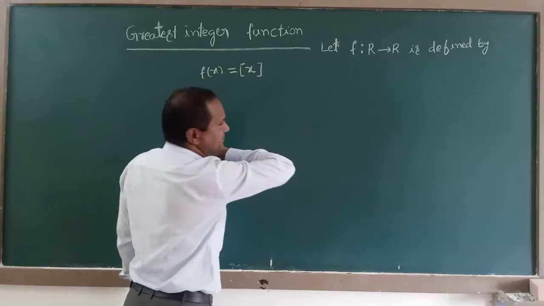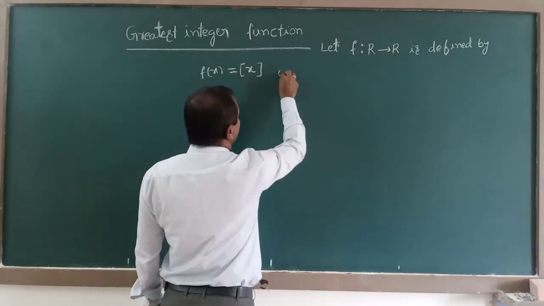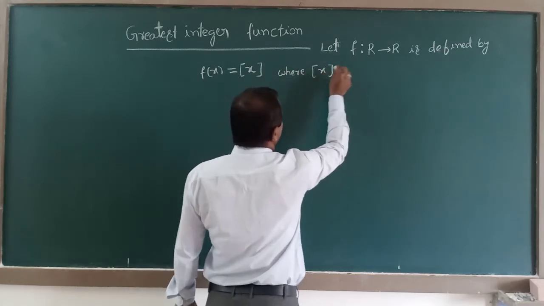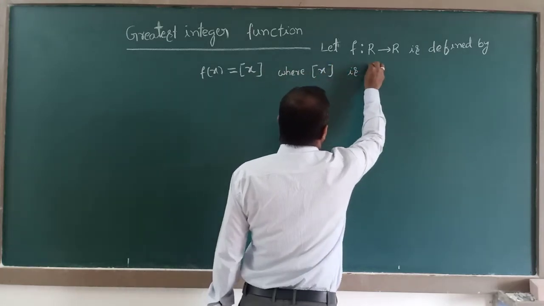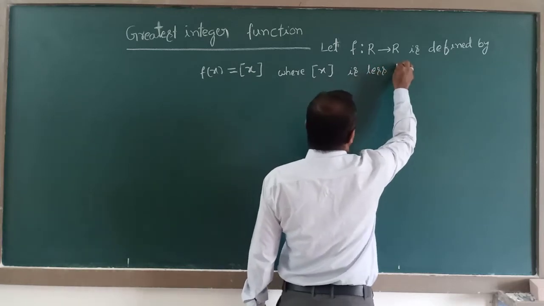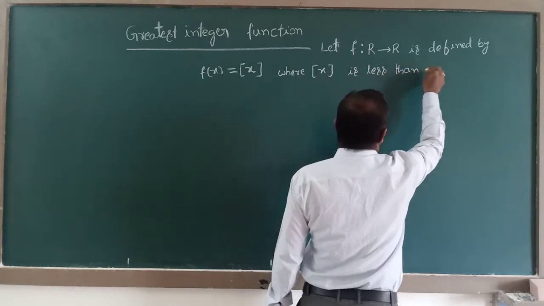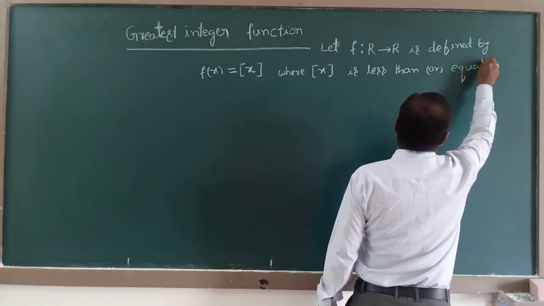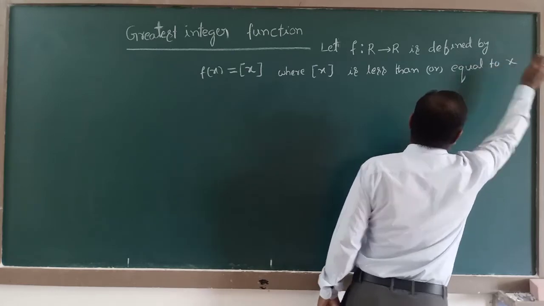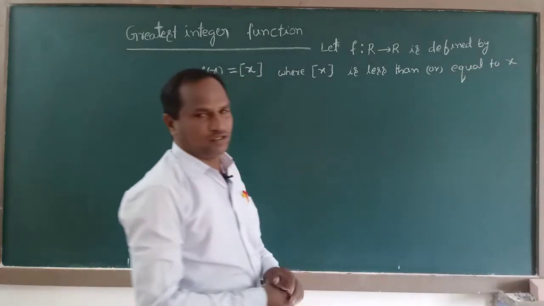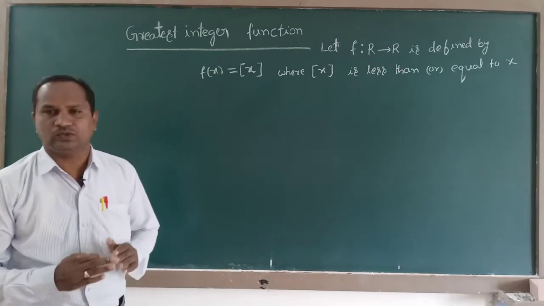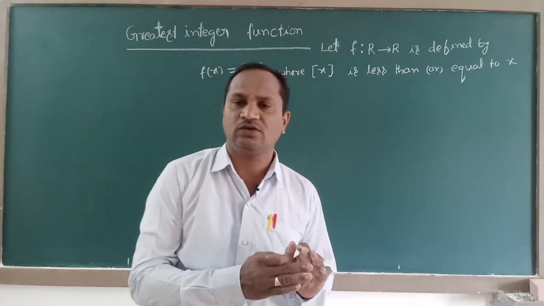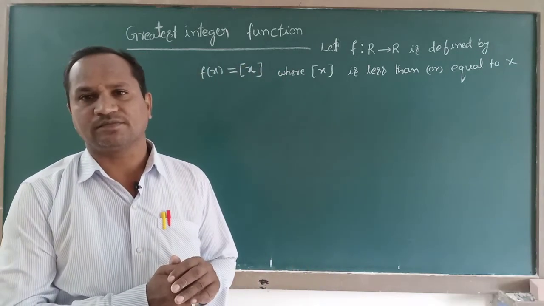It is the greatest integer function, where the greatest integer of x is less than or equal to x, so the function value is always less than or equal to x, for x in the domain R.